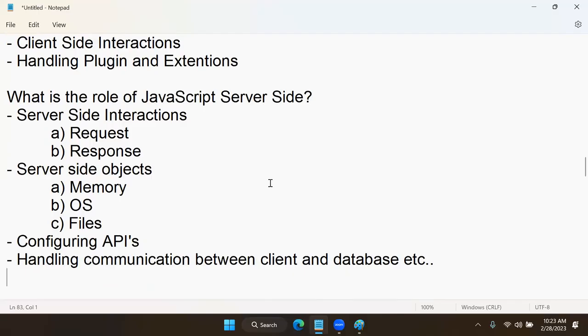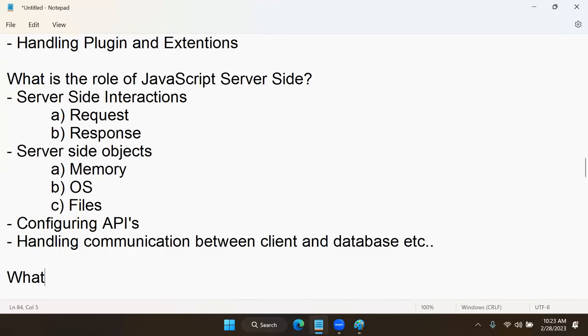People use JavaScript client side for the reasons I told you. People use JavaScript server side for these reasons. And for what purpose do people use it in databases? What is the role of JavaScript in database?